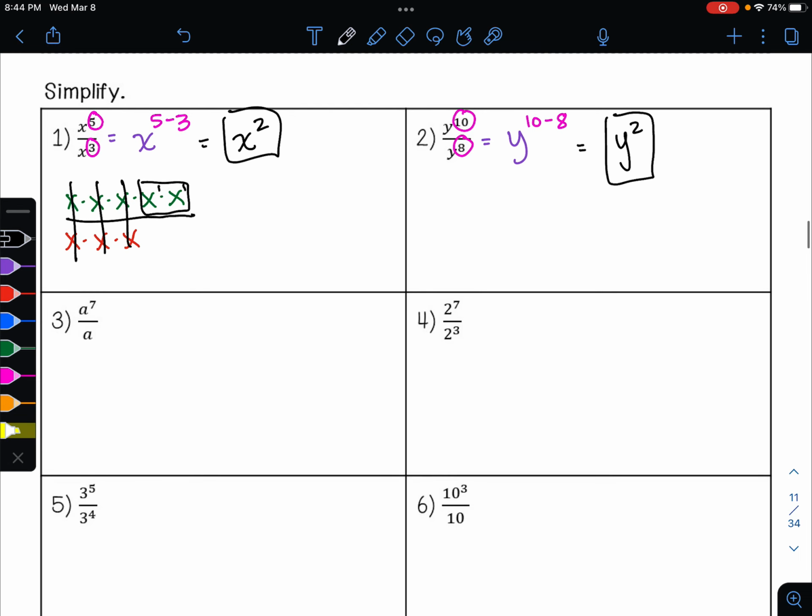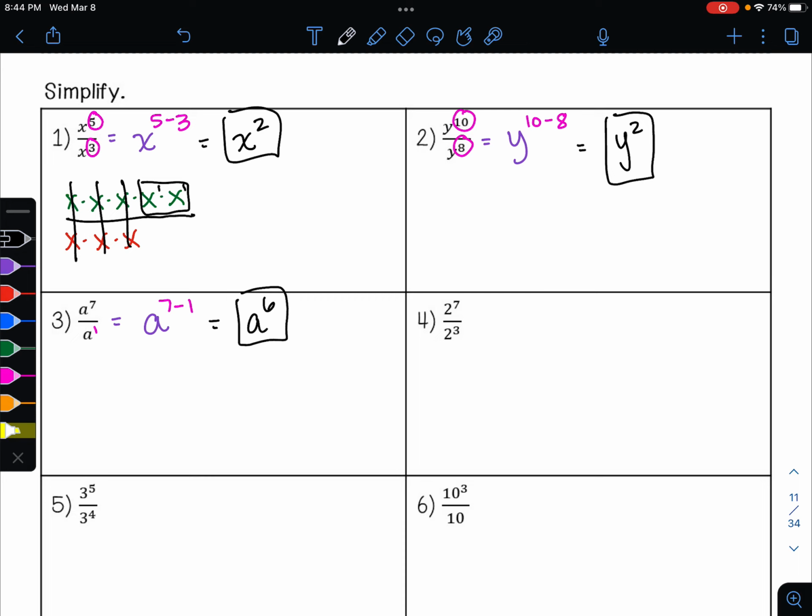If we look at example 3, what is my base? On example 3, my base is a, and I want to subtract my exponents. What is my exponent for my numerator? 7. What is my exponent for my denominator? 1. Remember, there's like an invisible 1 there. So I'm going to do 7 minus 1. So that will give me a raised to the power of 6.